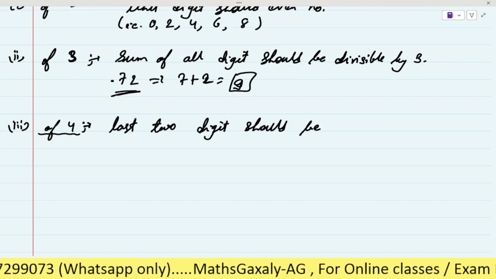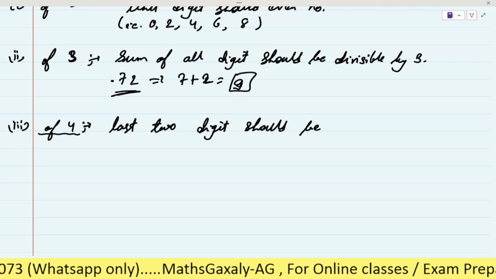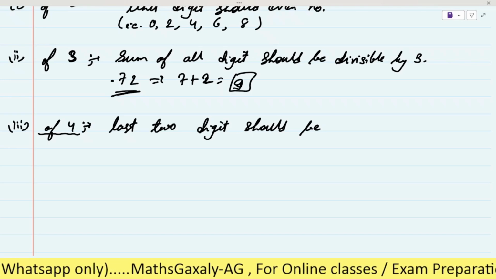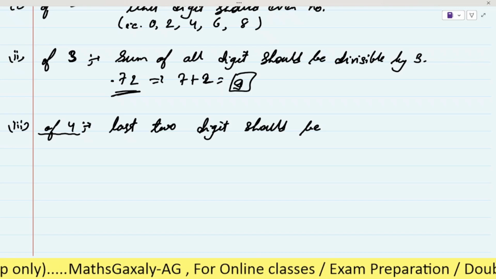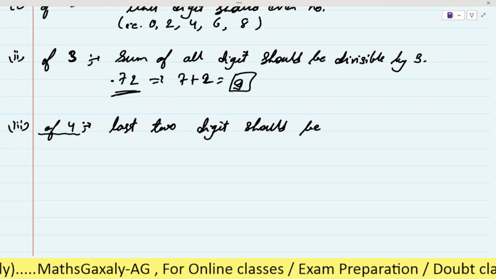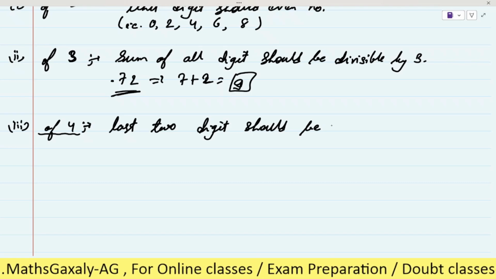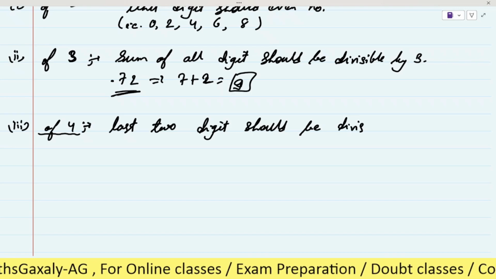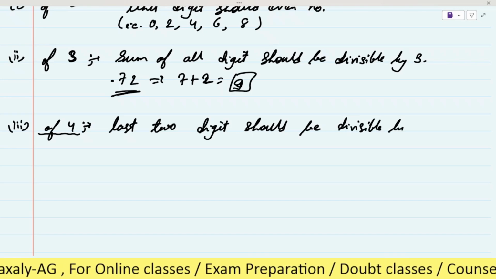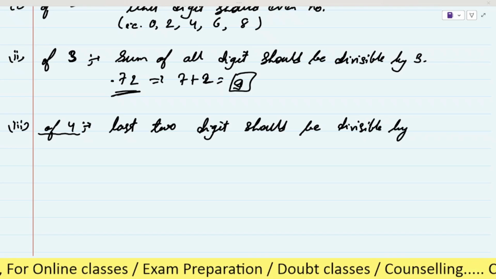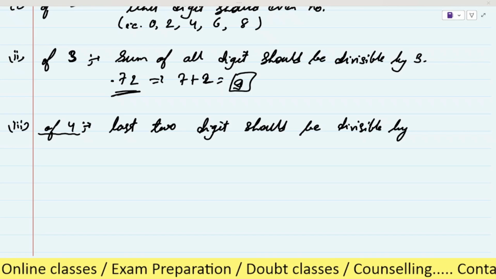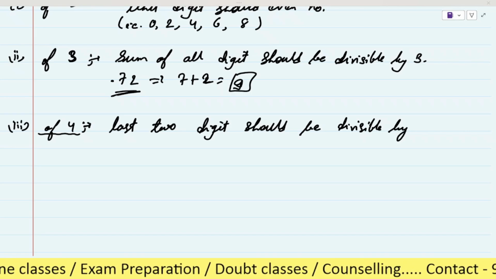But if it is any non-zero number, then what will we do? So, instead of saying it will be 0, 0, we can say that the last two digits should be divisible by 4. Okay, is it clear now, or any doubt?